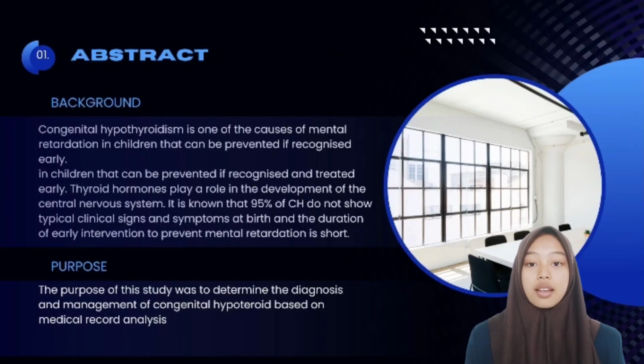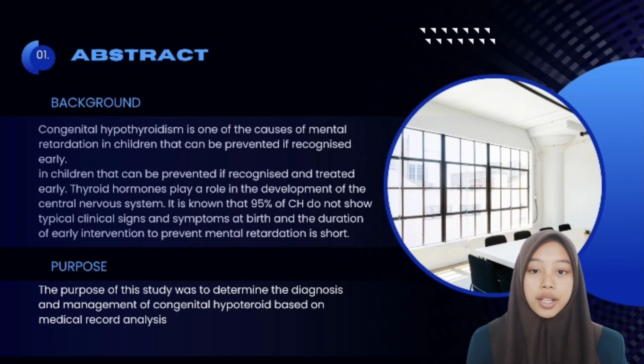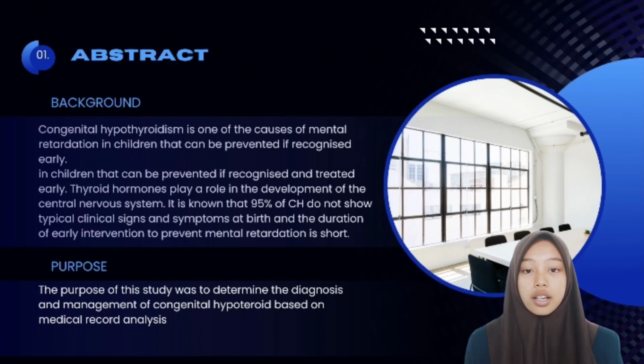Abstract. The abstract section consists of background, purpose, research method, and research result. Background. Congenital hypothyroidism is one of the causes of mental retardation in children that can be prevented if recognized and treated early.